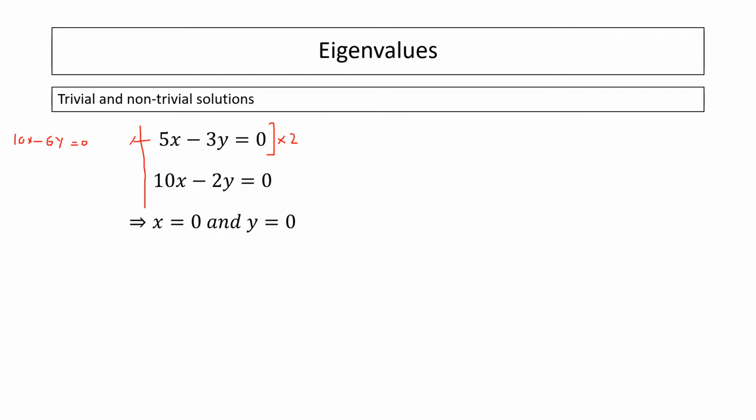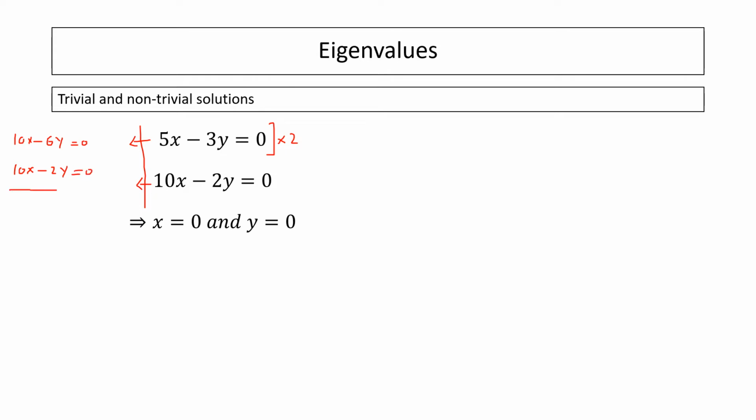We get this equation by multiplying, and here it is already 10, so I wanted to cancel x. That is why I multiplied the first equation with 2, equals 0.